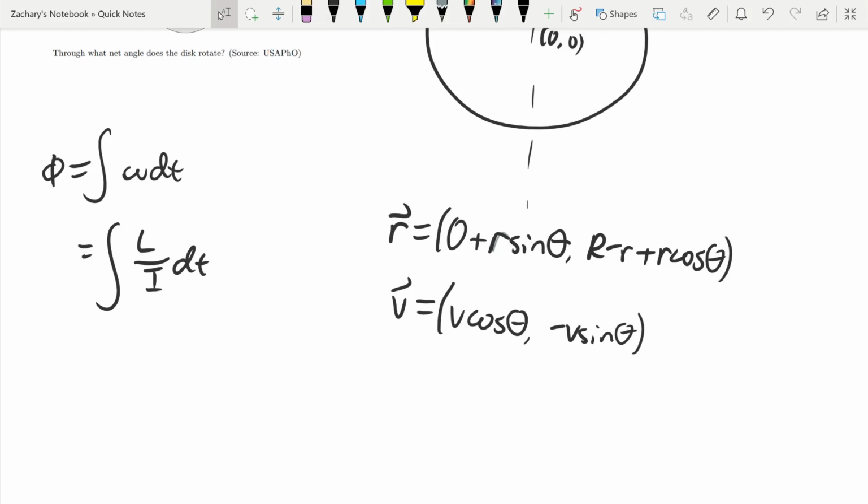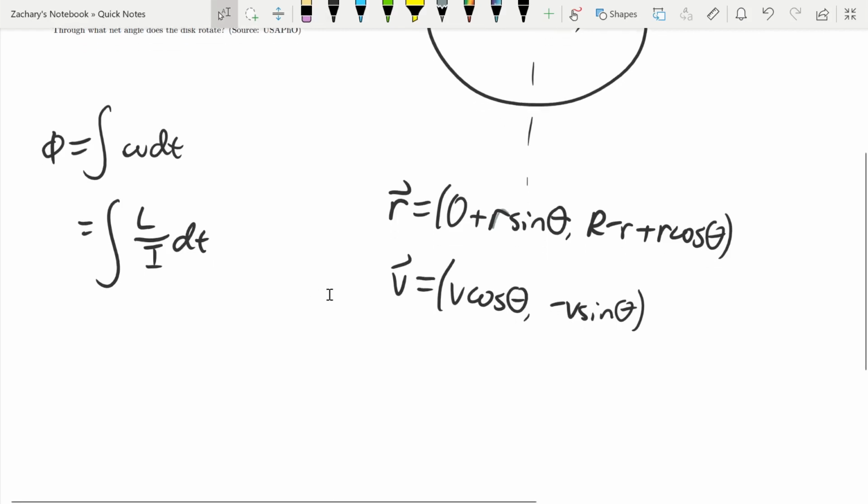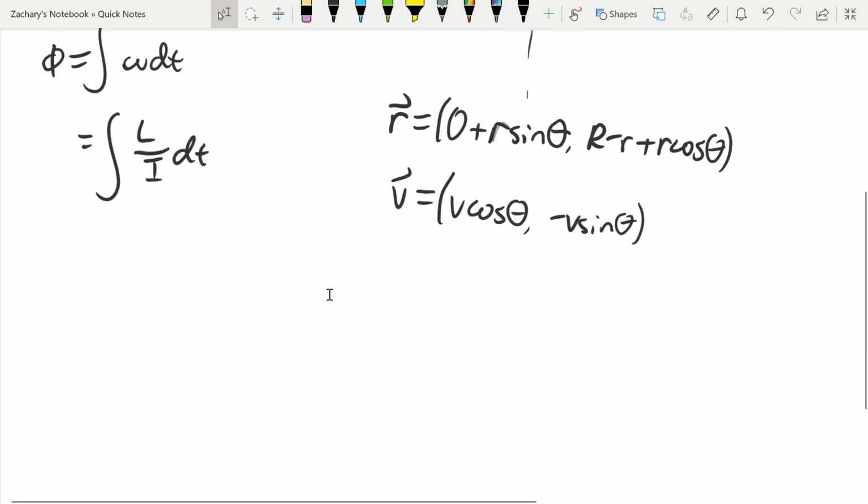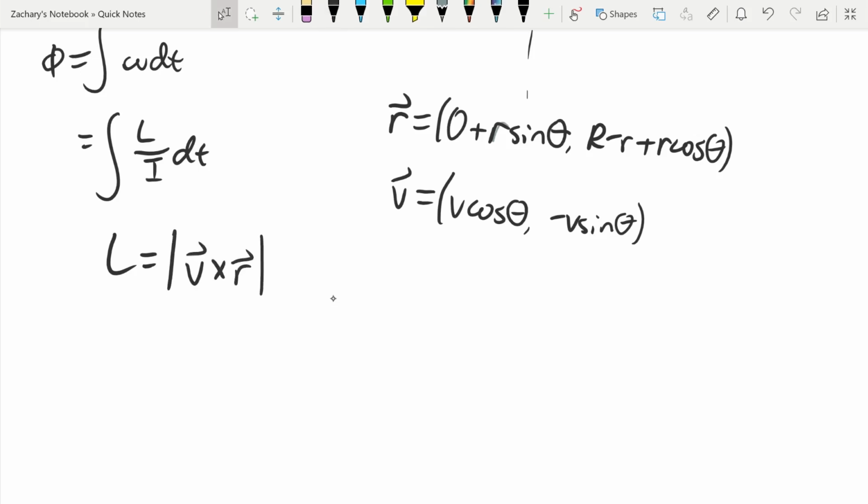I we already know, and we'll deal with that later. But L is just equal to R cross v, which is pretty nice because now we can just take the cross product of these two vectors, which we know as ordered pairs.